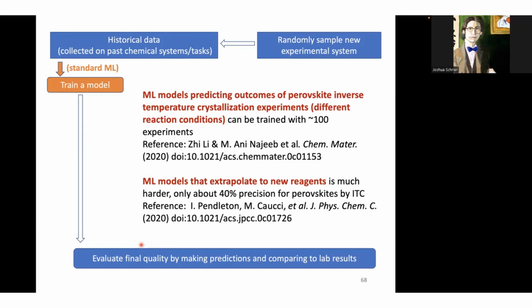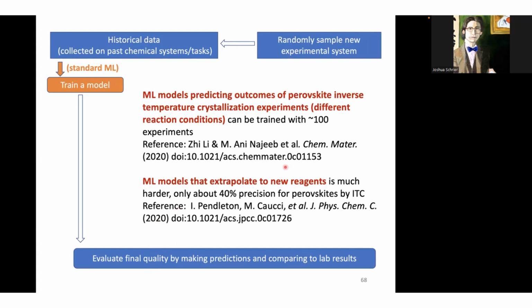The thing that we found is much harder is extrapolating to new reagents. At the time that we did this study in 2020, we had about 10,000 reactions that we had generated. And even with that, we had some limitations in our ability to extrapolate to the reaction conditions that would actually work for a new reagent.